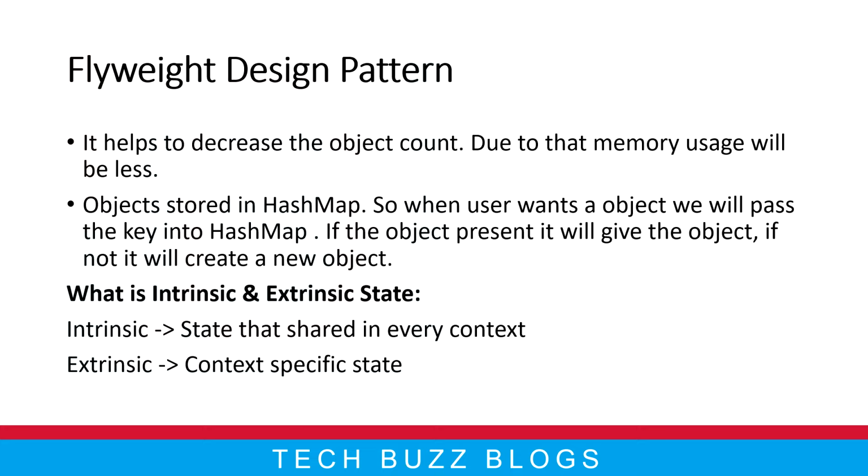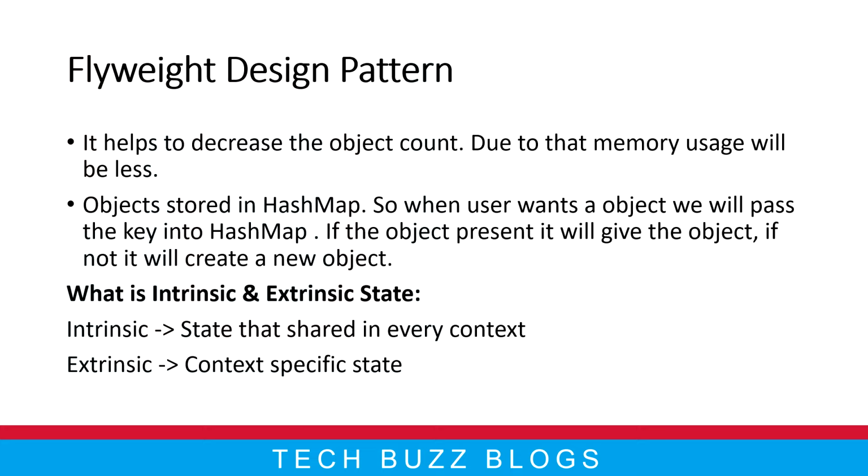Here, the intrinsic state, which is shared in every context, is the company. When you copy that object, the company name will be the same. It can be shared with all the contexts.